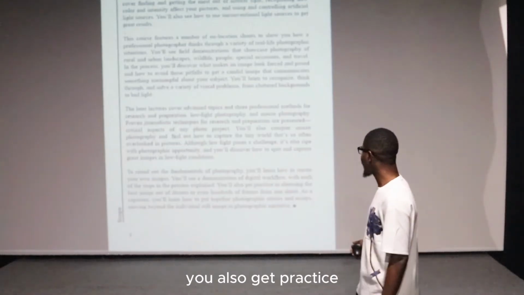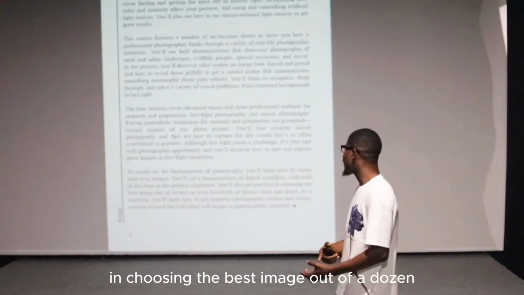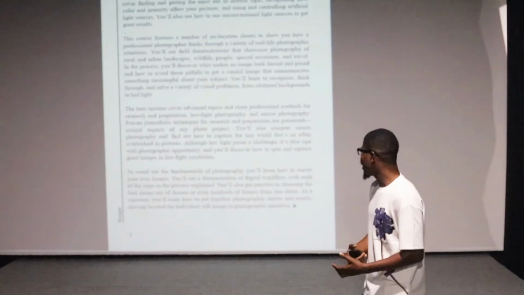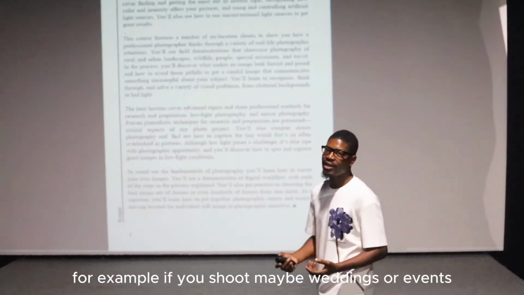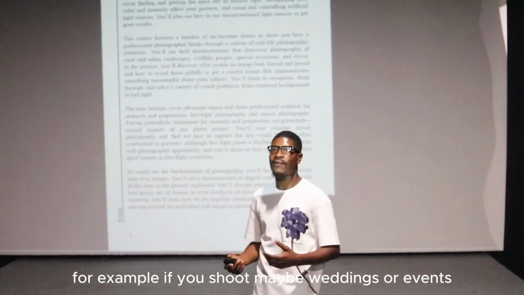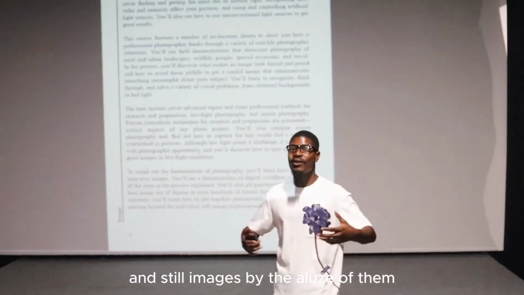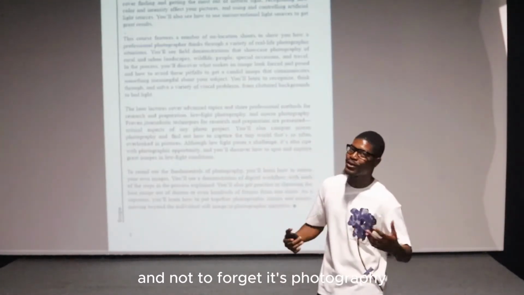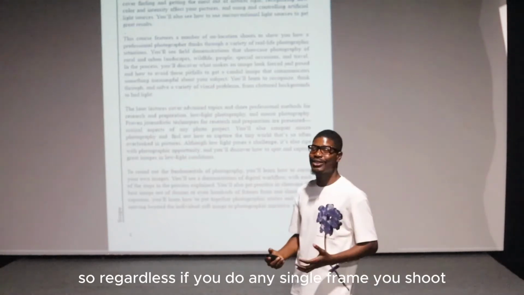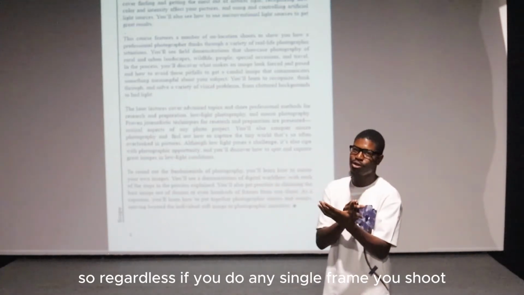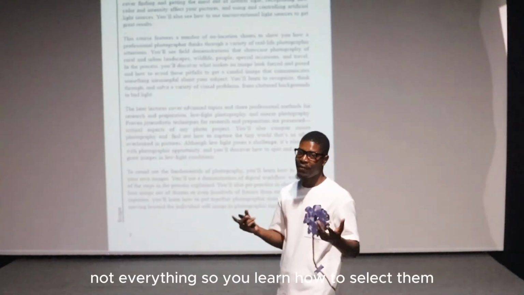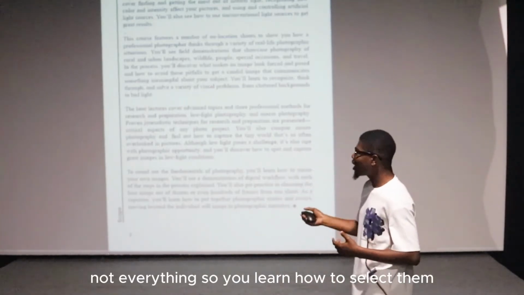You will also get practice in choosing the best image out of a dozen and even hundreds of frames. For example, if you shoot weddings or events, they are packed. Sometimes you realize it's still images, but there are loads of them. And not to forget, it's photography, not videography. So regardless, of any single frame you shoot, you need one or two, not everything. So you will learn how to select them.